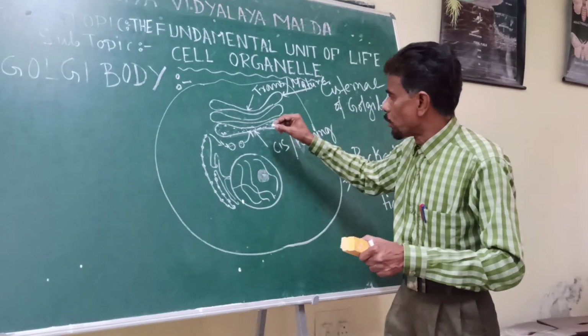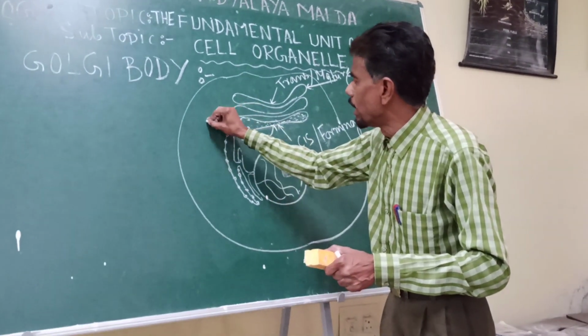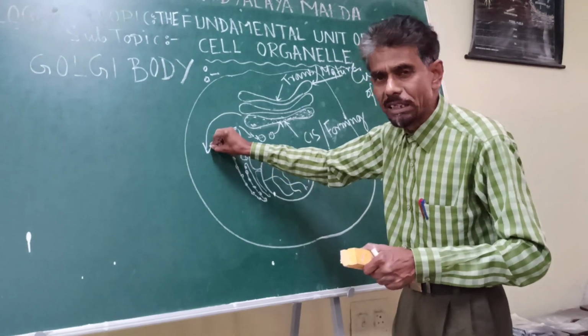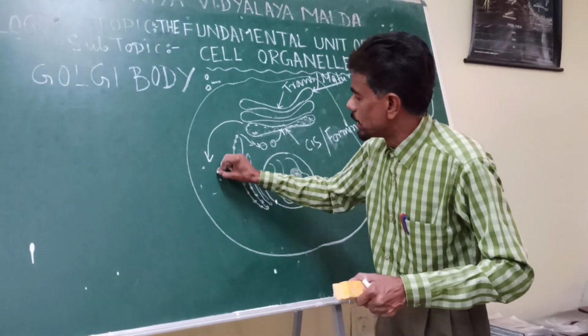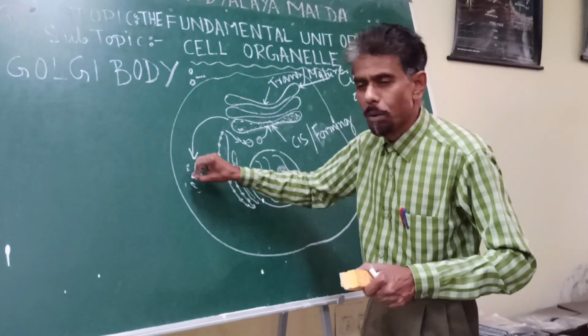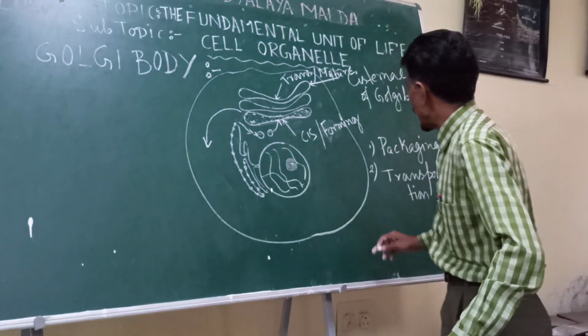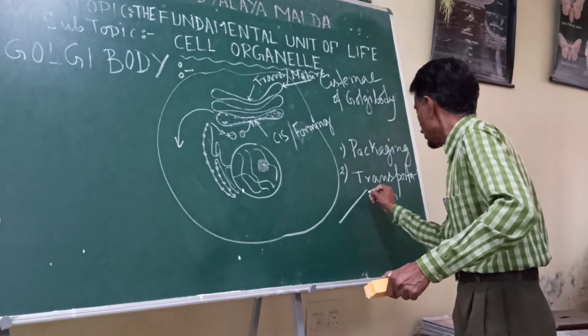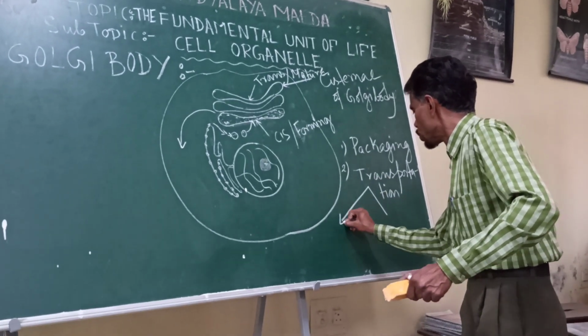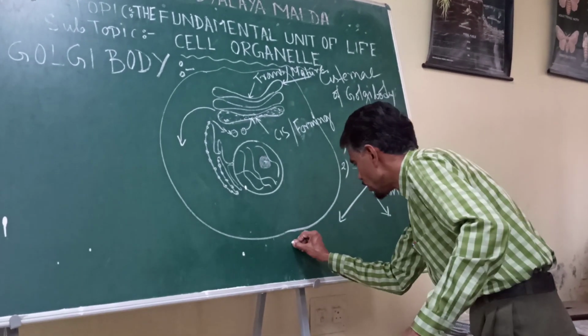They will be transported either to an intracellular target, meaning within the cell. Suppose this is a target where it is to be transported. This is called an intracellular target.